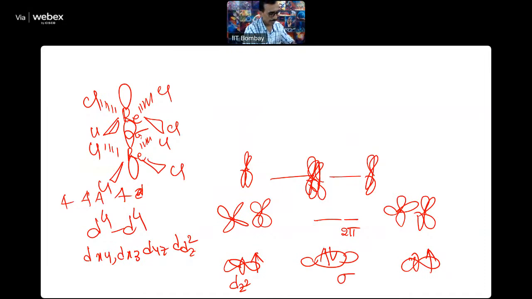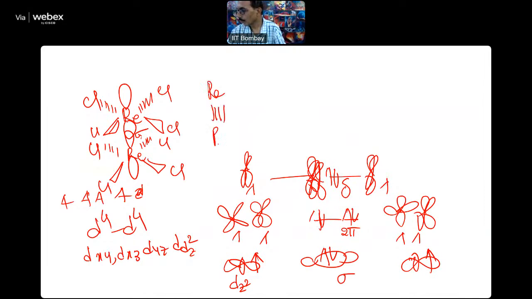So here we have two electrons, one electron here, one electron, one electron. Now dxy has one electron. So this is your delta bond. So that means basically between rhenium and rhenium we have a quadruple bond. Is that clear?